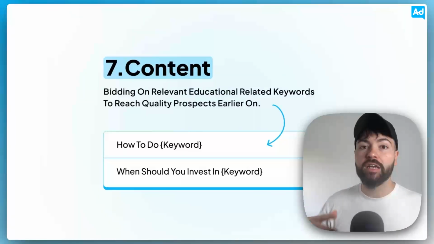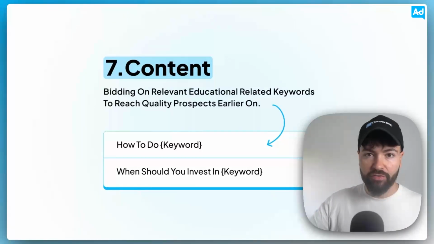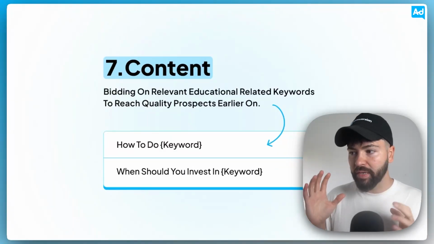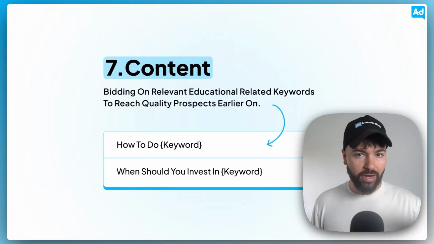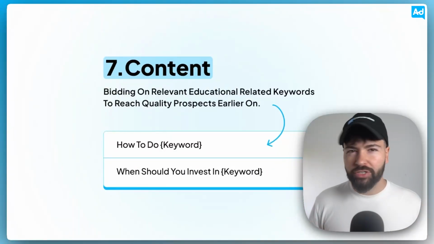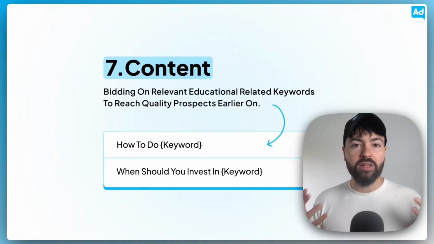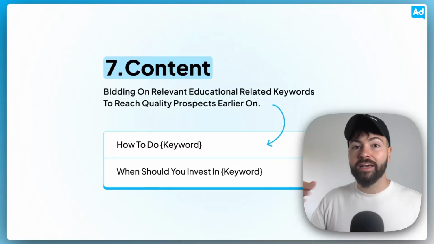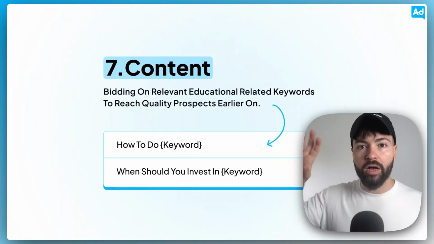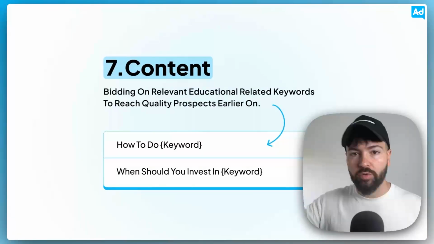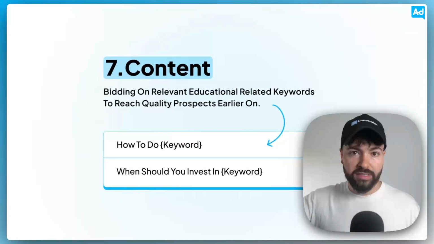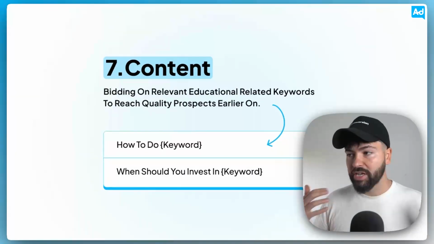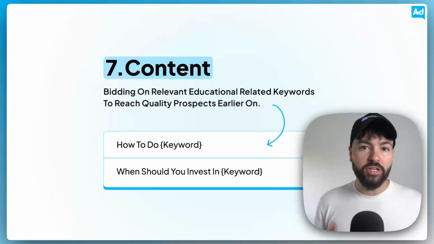So instead of bidding on, let's say for the academy, Google Ads course, I could bid on the keyword how to do Google Ads, or how to run Google Ads, or when should you invest in Google Ads. These are content informational queries where I can get in front of that person much earlier on and drive them to some very valuable content that positions myself as a solution. Now, fast forward to when they're in market, the chances of them going forward with us are much higher.